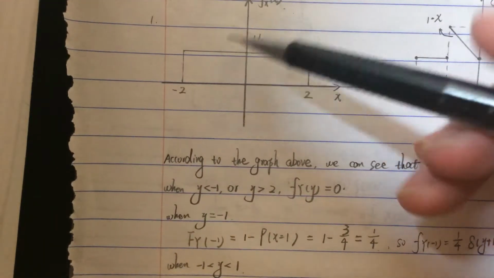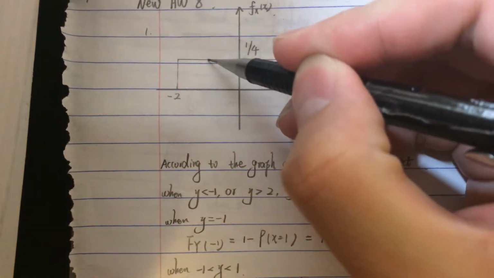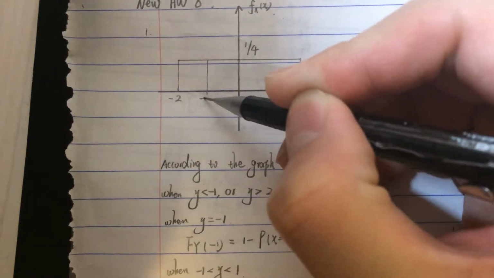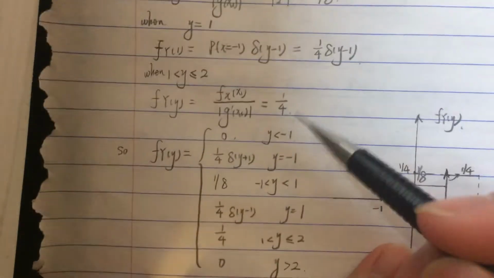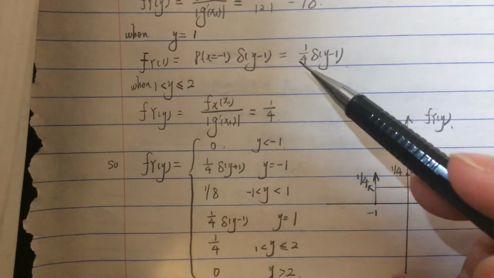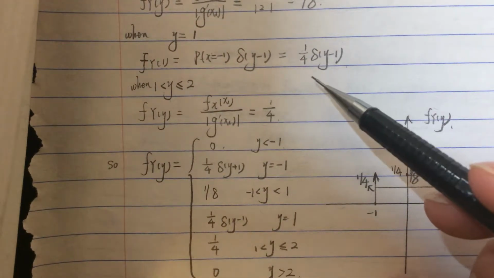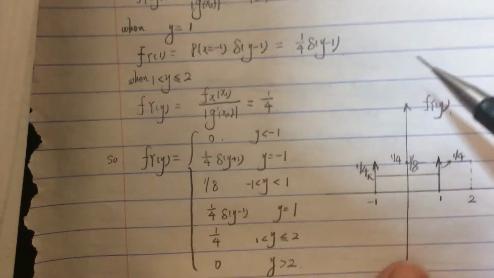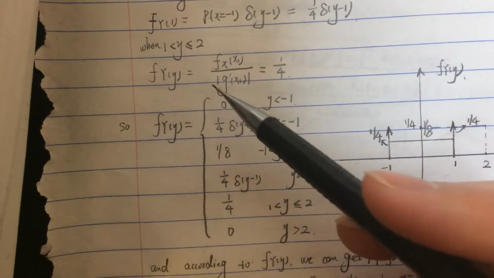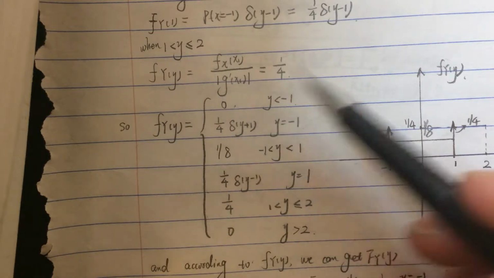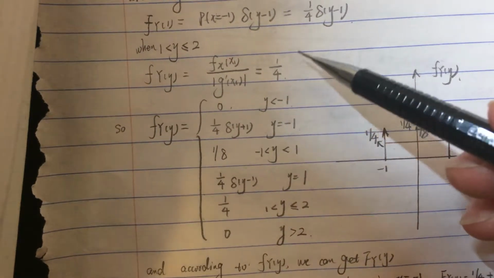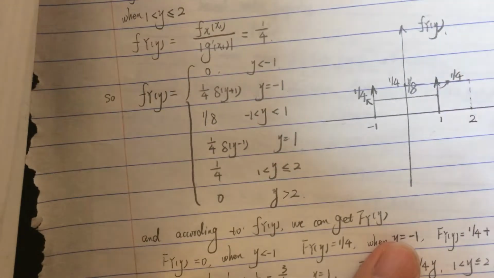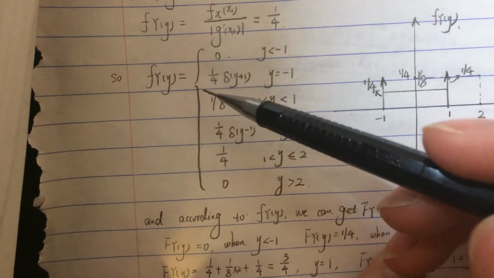Just here is -1, and just this region, and it will equal 1/4 times delta(y minus 1). And when y is larger than 1 and smaller than 2, according to the equation, f_Y(y) will equal 1/4.